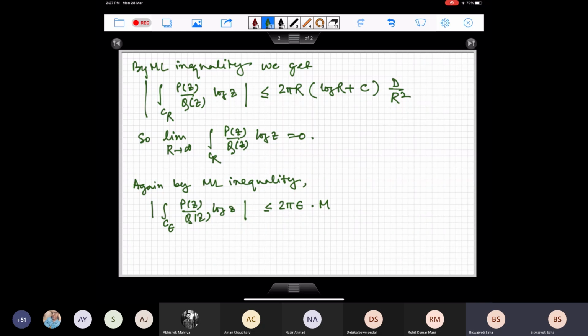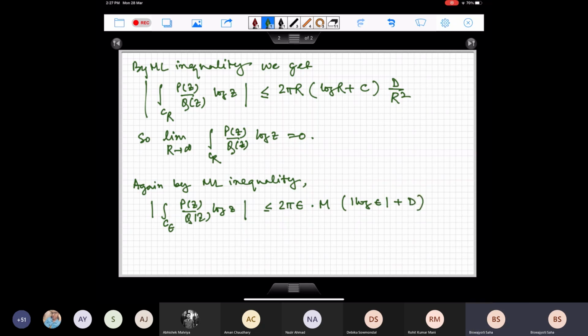And then finally, log of z, as I said, is bounded above: its value is log of mod z plus i times something. Now log of mod z, here mod z is epsilon on the curve. So log of epsilon, but as epsilon is very small, the log actually becomes negative. So I need to write slightly carefully: mod of log of epsilon, plus something.